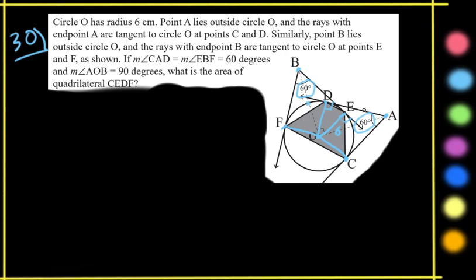Well, I would have to rotate it 30 degrees, because this is currently a 90-degree angle, and I would need it to be a 60-degree angle in order to have its tangent be there.